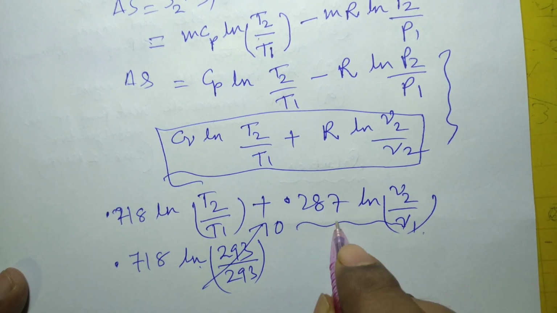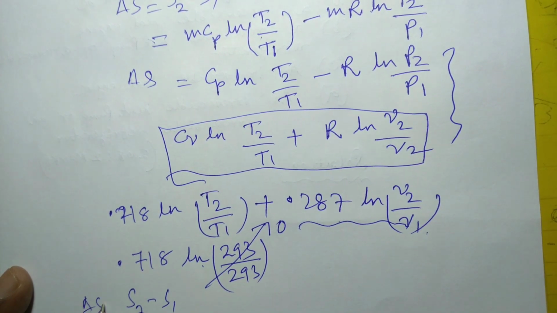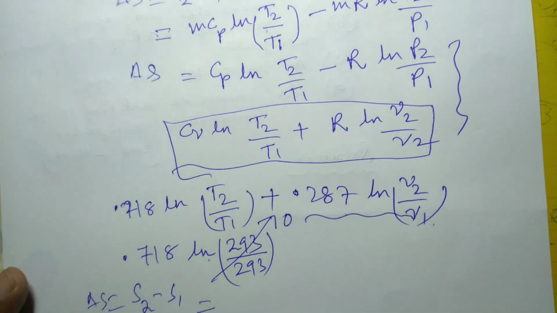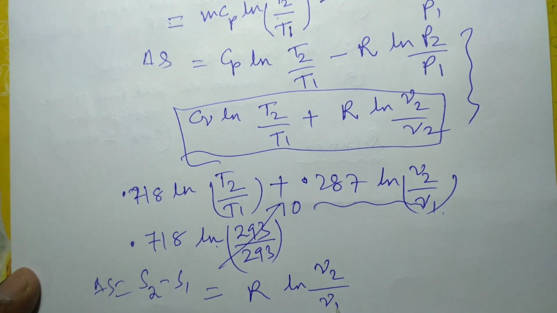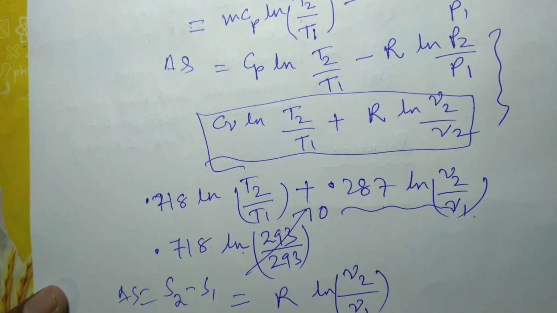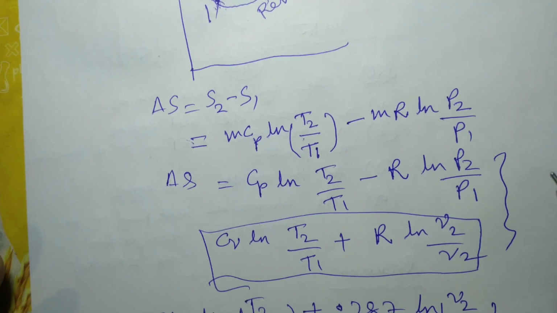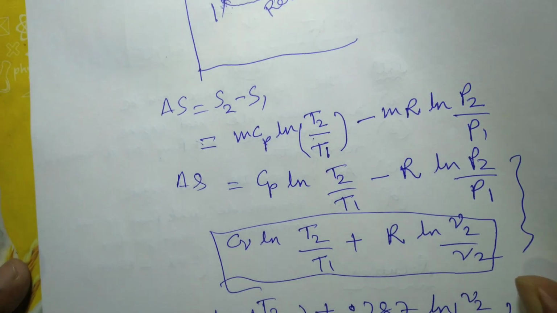So this one will be the change in entropy, delta S, equal to R ln V2 upon V1. R in terms of joule is 287, of course in terms of kilojoule it is 0.287.